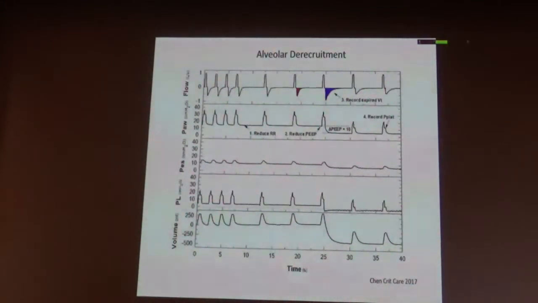And then we do a very simple calculation. We say, if the patient is not recruitable, the change in lung volume should be perfectly predicted by compliance. For instance, if your compliance is 30 milliliters per centimeter of water, you change the pressure by 10, you expect a change in volume of 300. That would be like a balloon with no recruitment or de-recruitment.